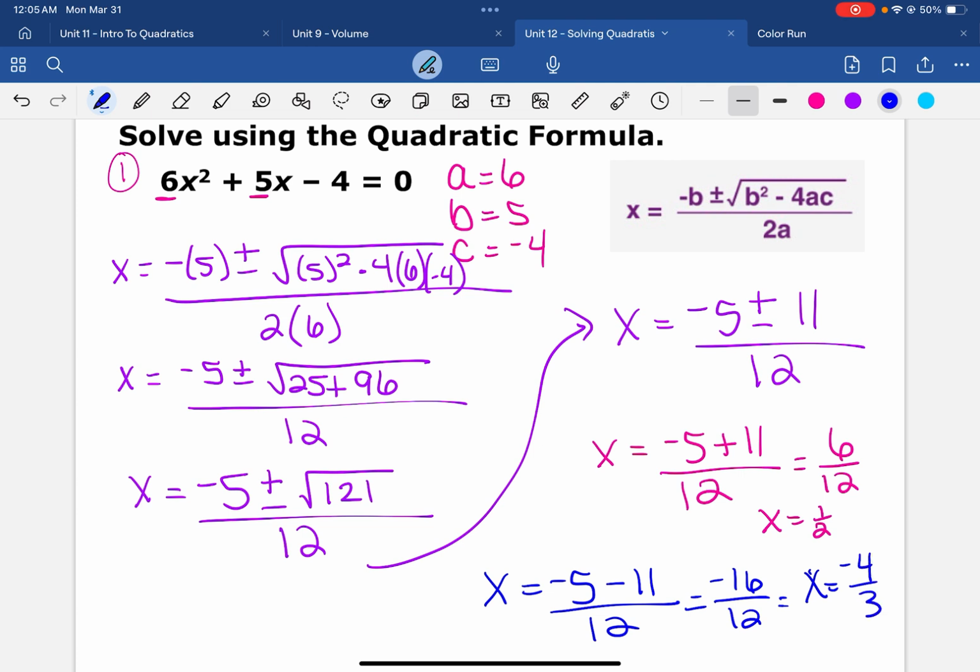And it's totally okay to leave it as an improper fraction, because if I were to simplify this to a decimal, it's going to be a repeating decimal, and we do not leave repeating decimals as decimals. We're going to get an exact answer, so fraction form. So there would be my answer: x is equal to 1/2, or x is equal to negative 4/3.